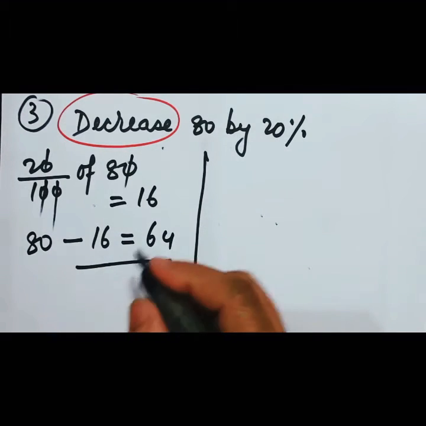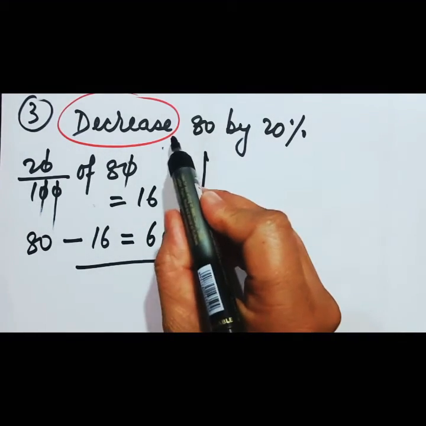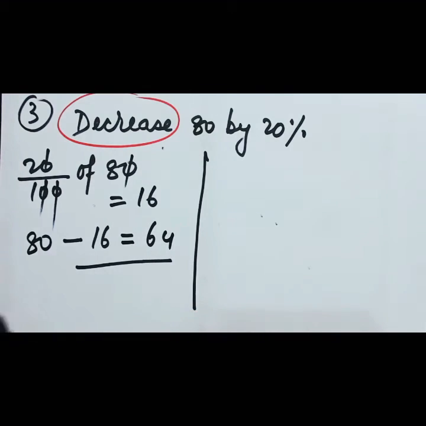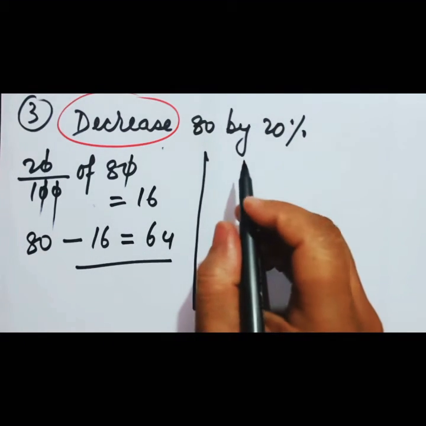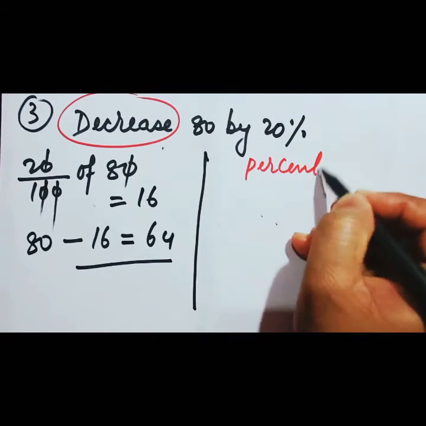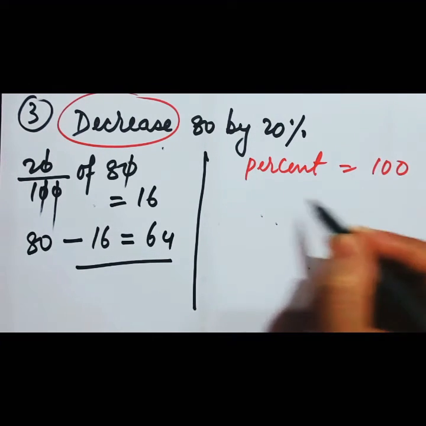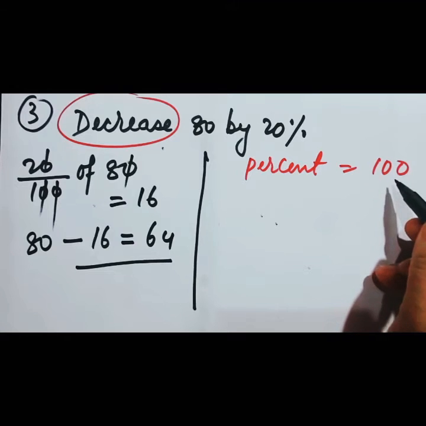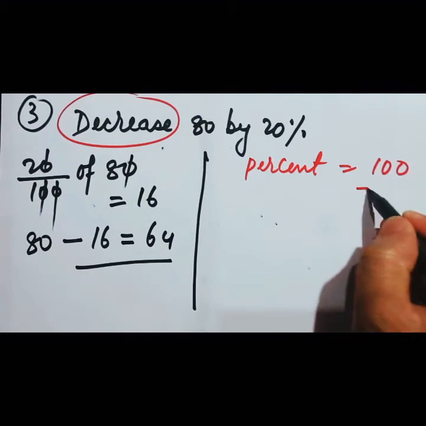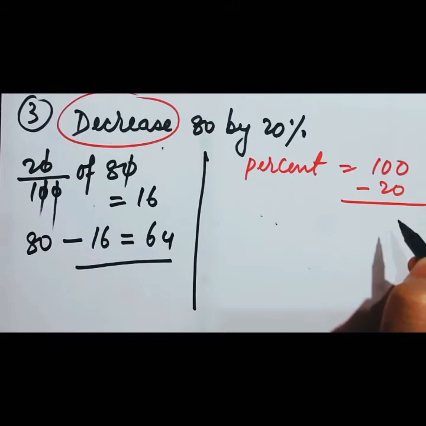Now here we are decreasing 80 by 20%. As I said, percent is already 100. So when you decrease it by 20%, your value will be 80% of the original value.